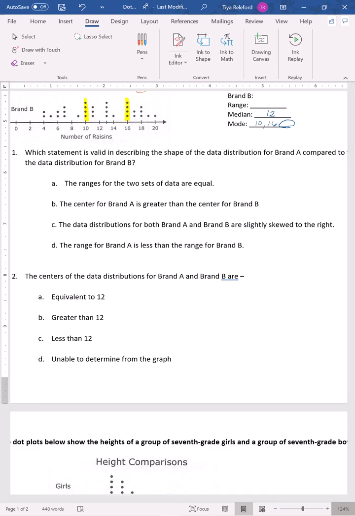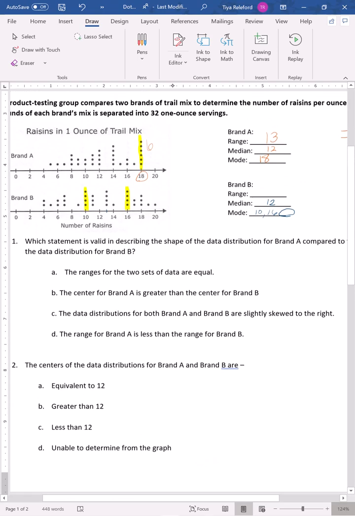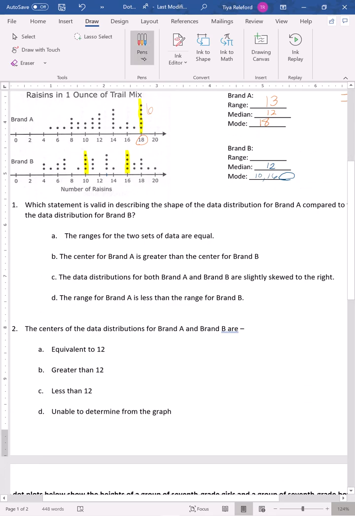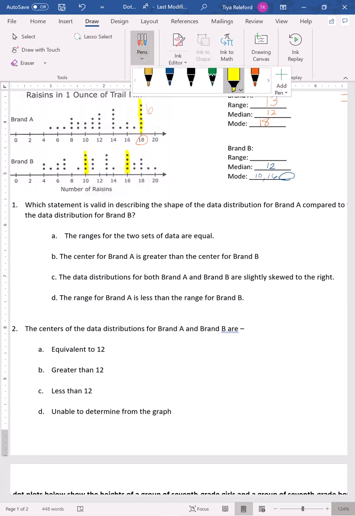So now we look at our answer choices. So number 1 says, which statement is valid? Valid means true.